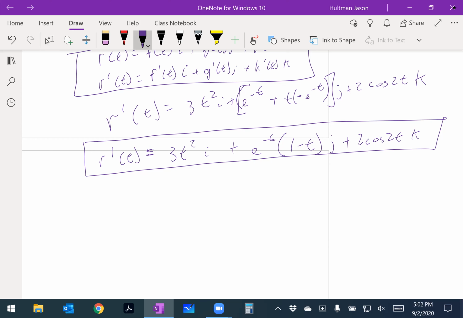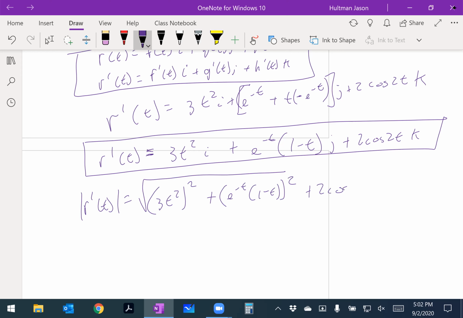Okay, so let's find the magnitude of r prime of t. It is the square root of (3t squared) squared plus (e to the negative t times (1 minus t squared)) squared plus (2 cosine 2t) squared.